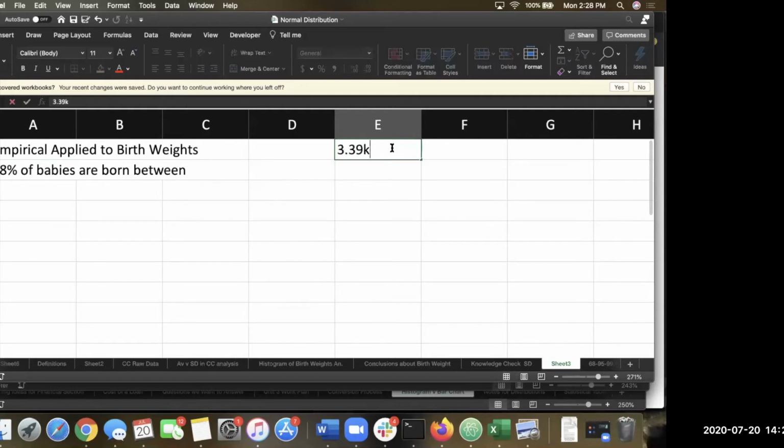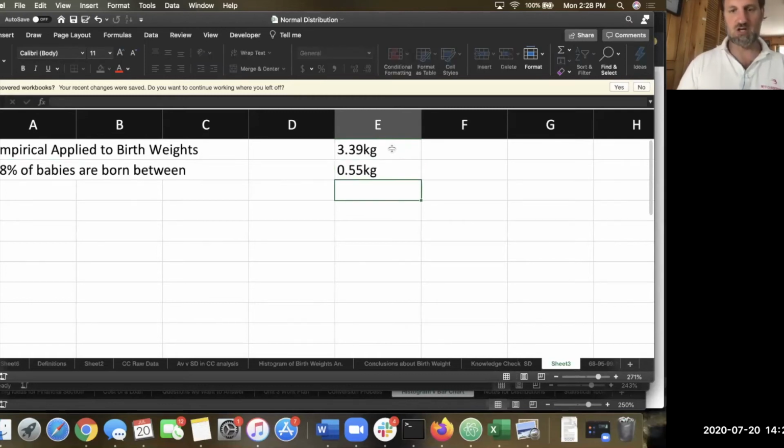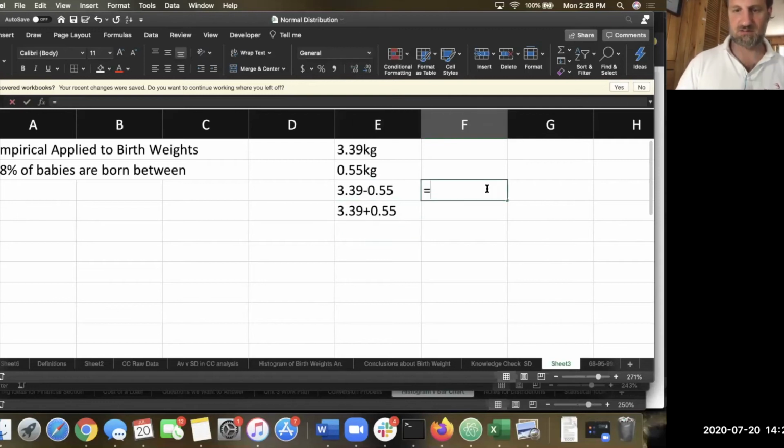Okay. So the 68% rule says within a standard deviation, and the standard deviation was 0.55 kilograms. So basically I go up and down the same amount. So I go 3.39 minus 0.55, and I go 3.39 plus 0.55. That's it. That's all the math you got to do.